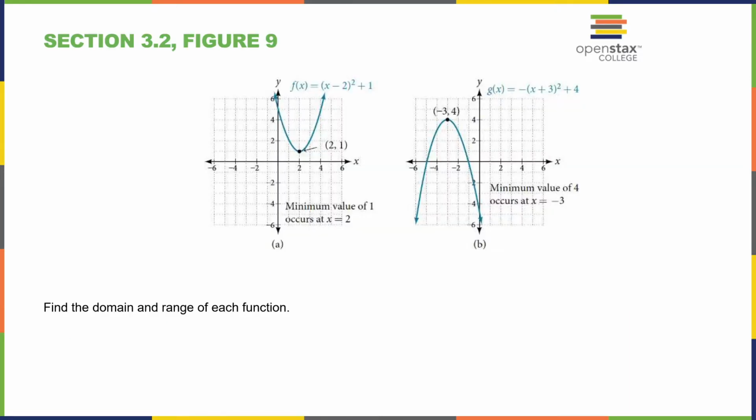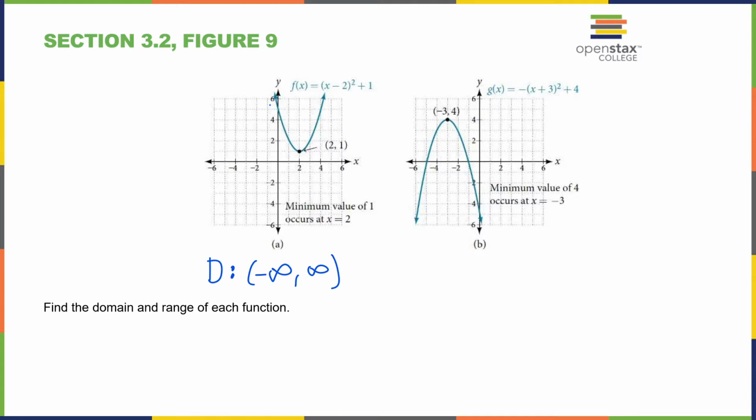So now let's talk about domain and range. We want to find the domain and range of these parabolas. So taking a look at our first graph, you can see we go forever to the left, we go forever to the right. Therefore, our domain is negative infinity to infinity. Our range, however, will not be all real numbers.